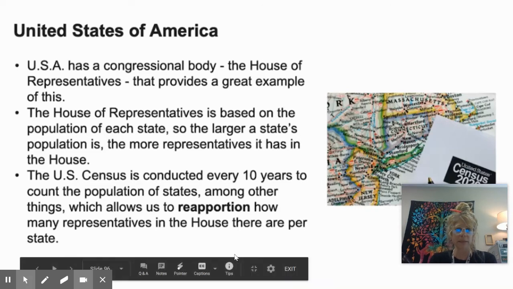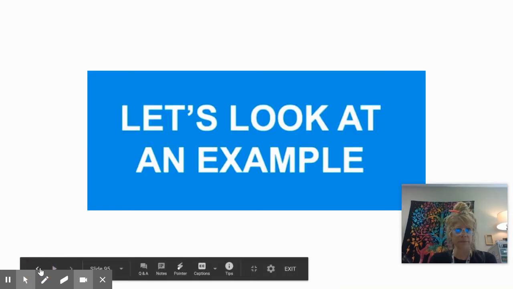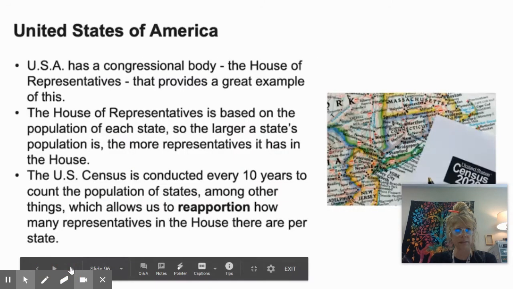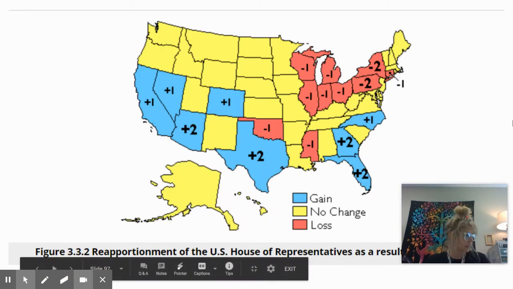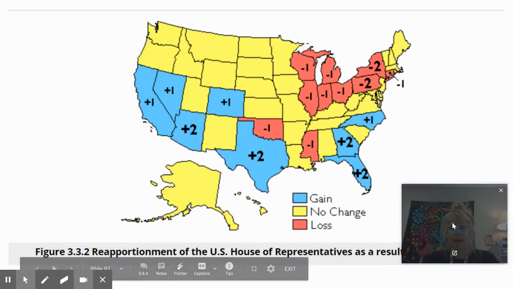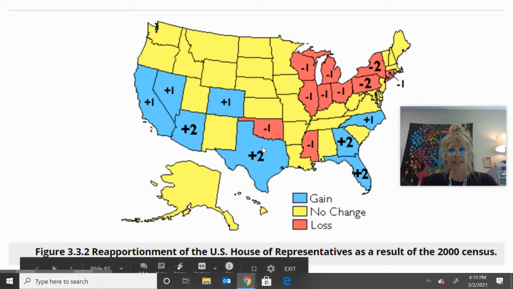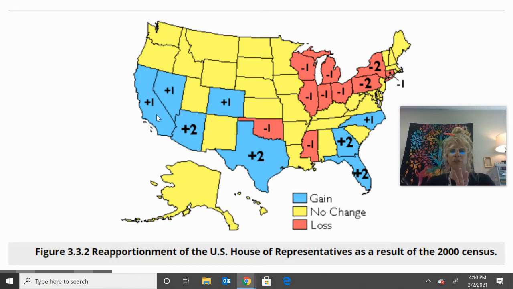Okay, so an example of that is going to be, whoops. Where is my example? I thought I had an example here. Oh, let's look at this. For example, you can see this is a map based on the 2000 census and how it changed. Okay, so we take that 435, right, and based on where populations gained.